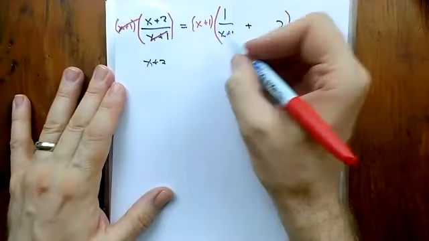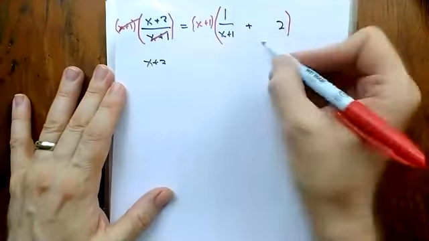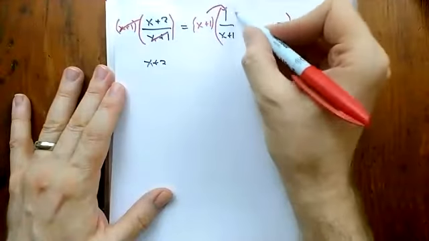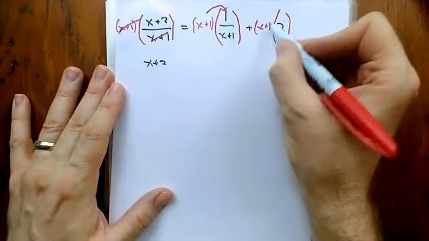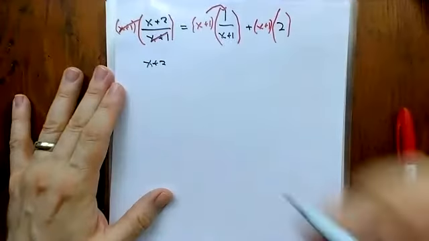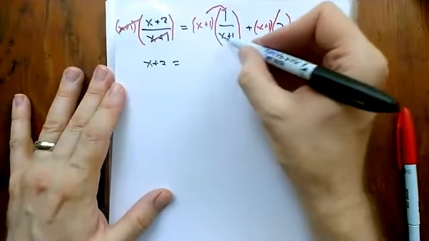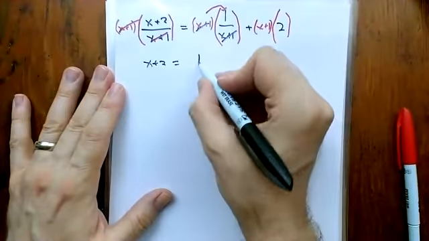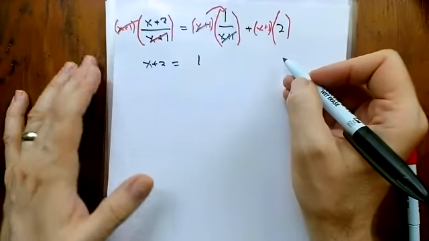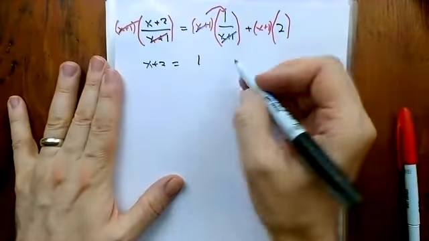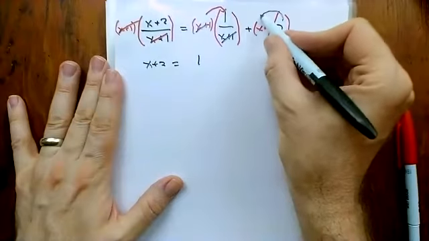On this one, I need to distribute this. So that's times x plus 1. This is times x plus 1. So my first term on the right, the x plus 1's cancel, so I'm just left with a 1. And here I need to distribute this 2 in here.